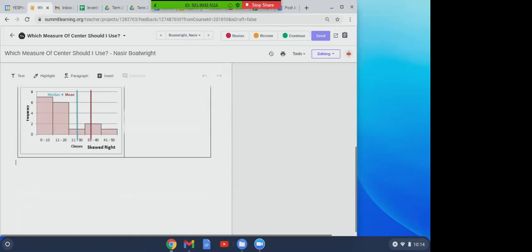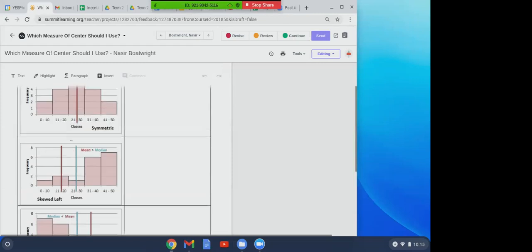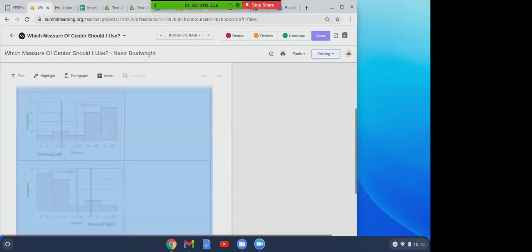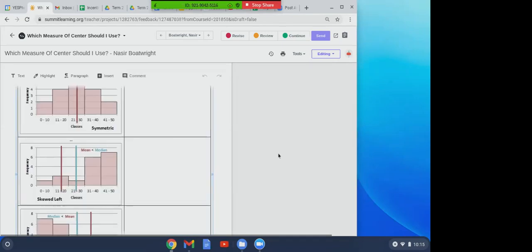Skewed left, what would be the best measure of center? Skewed right, what would be the best measure of center? That is what they are asking you. You should be able to find those answers in your notes. You can always go back and look at the recordings of the class. Okay, so it is simple as that.